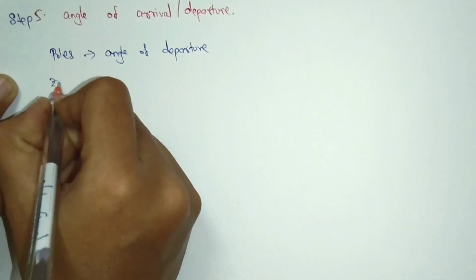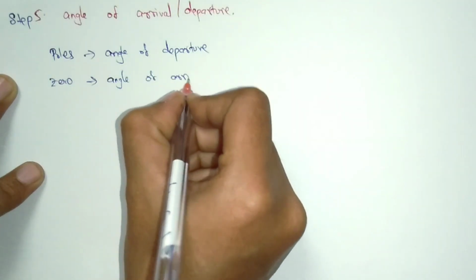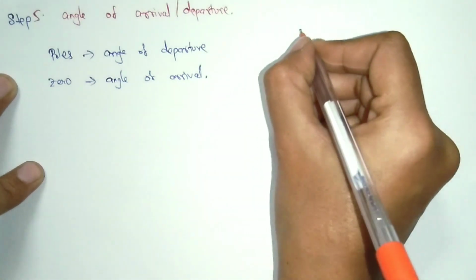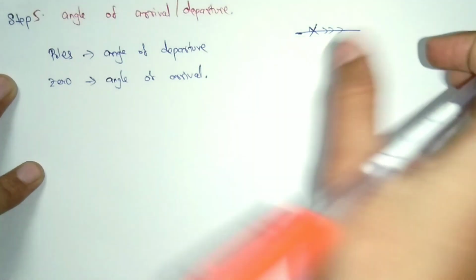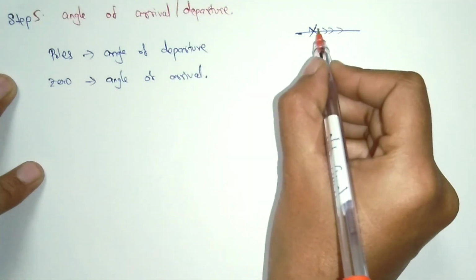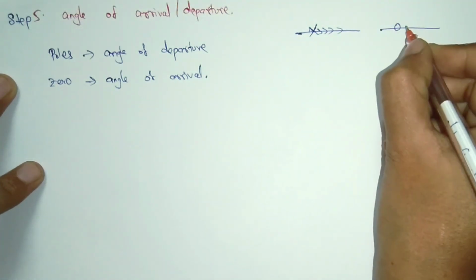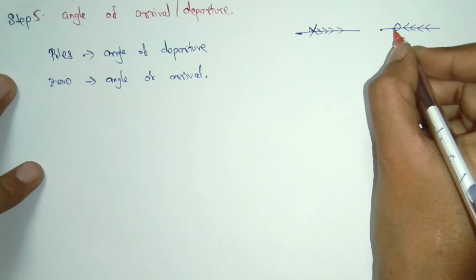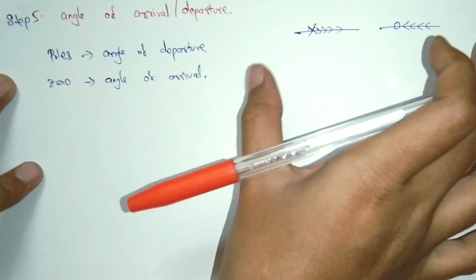And if there is an imaginary part with a zero, we will calculate the angle of arrival. You can remember a trick: a pole always generates arrows which go away from it, so this is departure from the pole. If there is a zero, then it takes every arrow inside of it, that means the arrows are arriving towards the zero. So this is arrival. That is a small trick you can remember.